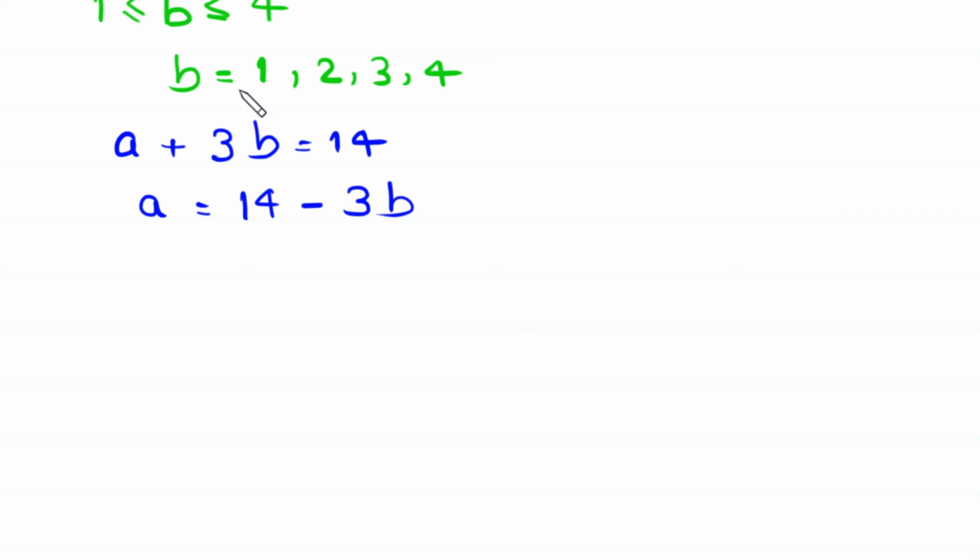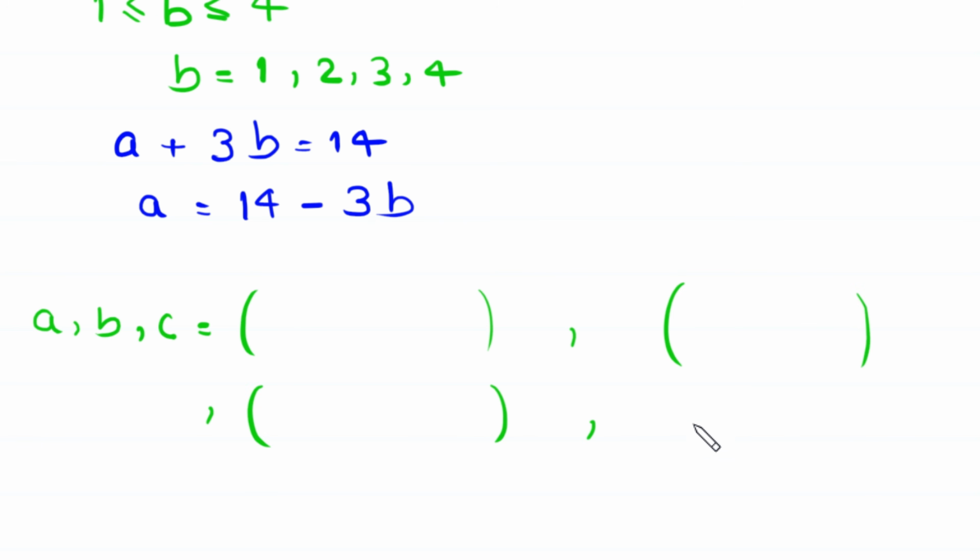So by using these values of b, 1, 2, 3 and 4, we get 4 triplets a, b, c: first, second, third and fourth. When b is 1, a will be equal to 14 minus 3, which is 11, and for this case c is equal to 1.